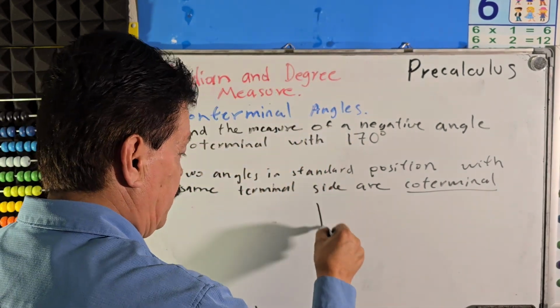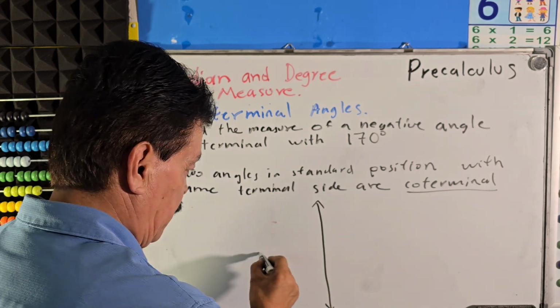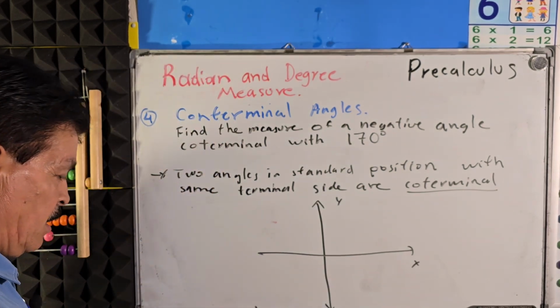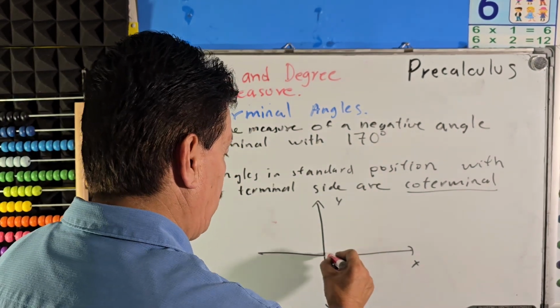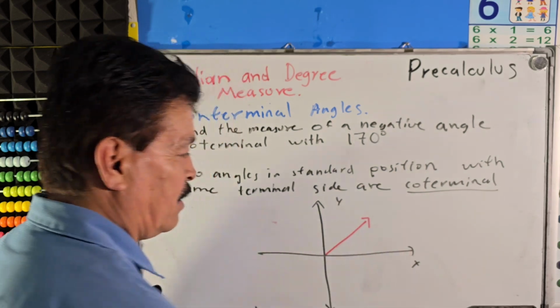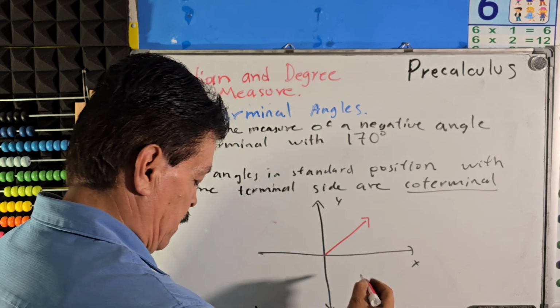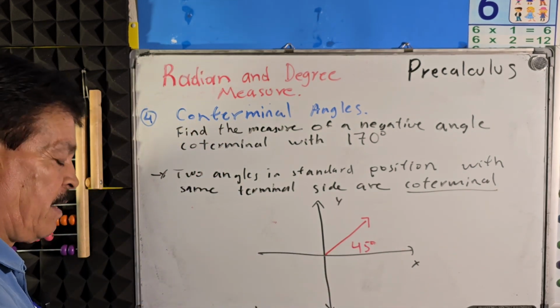We have the quadrant here, x right here, this is y. Remember the problem I gave you first, in one way and another way. Here, this is 45 degrees, positive.